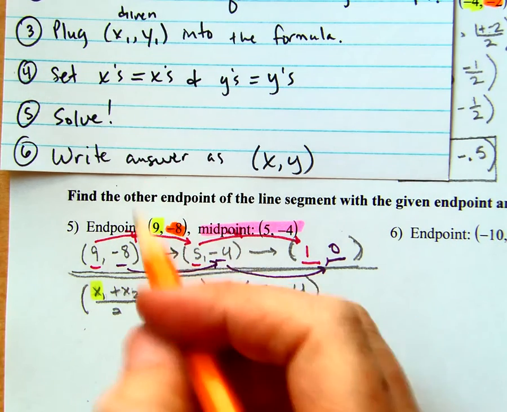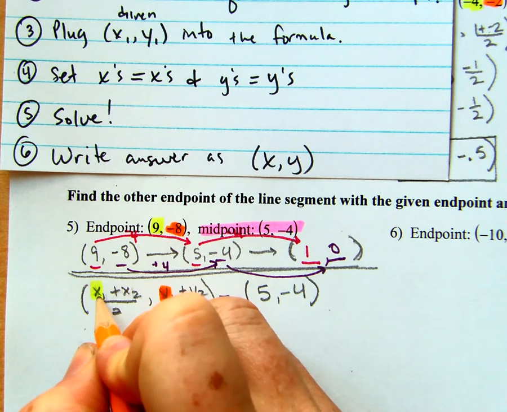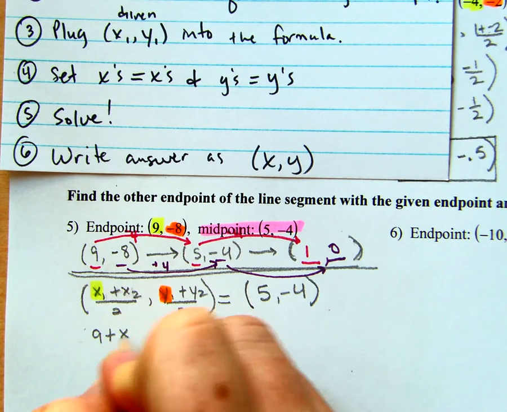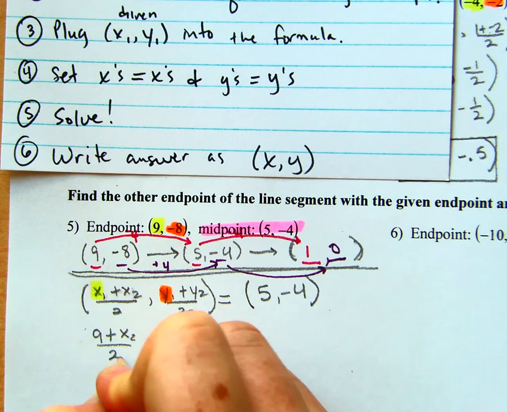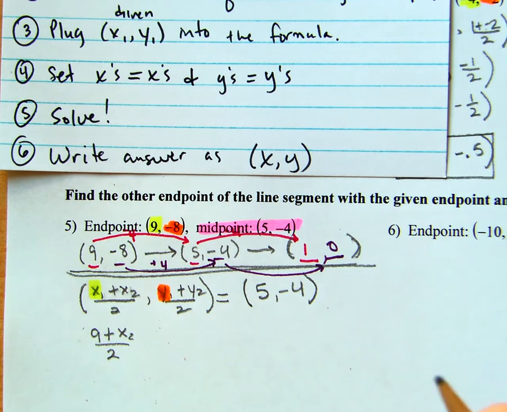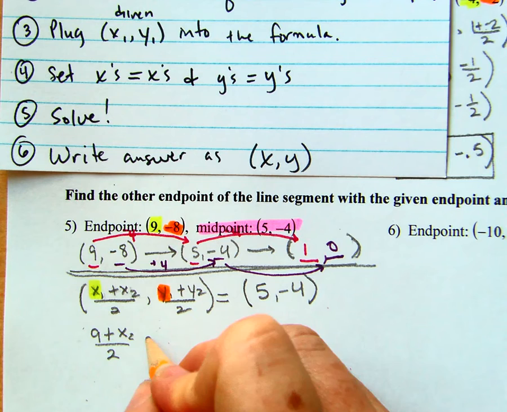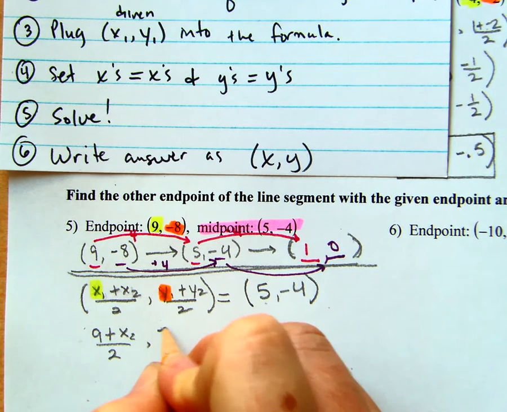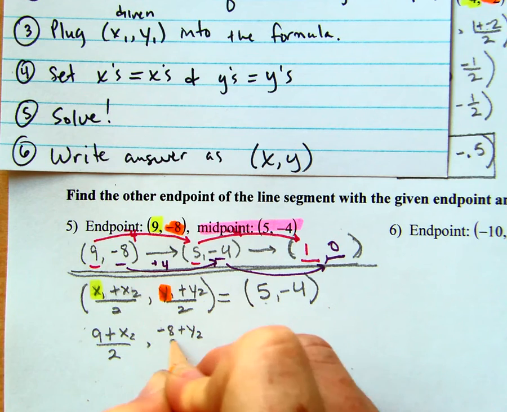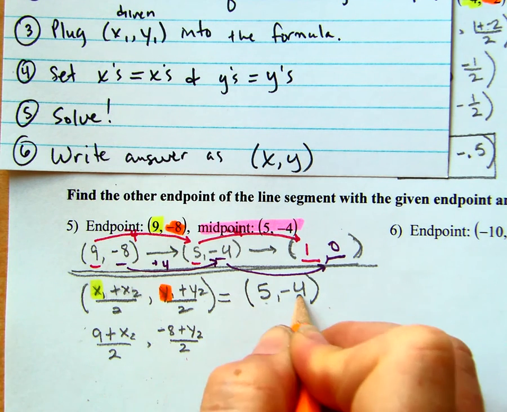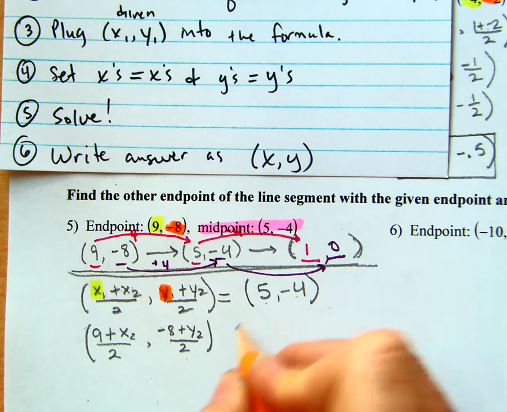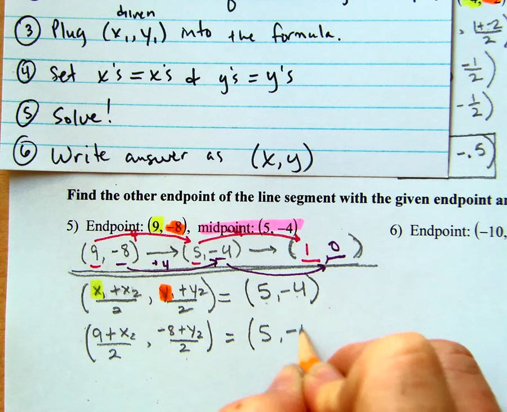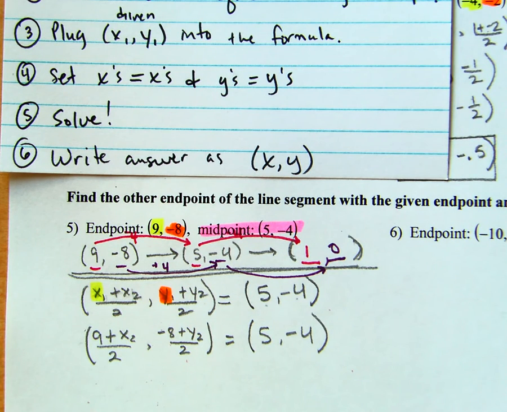So we know that 9 plus some x value divided by 2 is going to give me 5. And we know that negative 8 plus some y value divided by 2 is going to give me negative 4. So I'm just going to plug in the point I know.